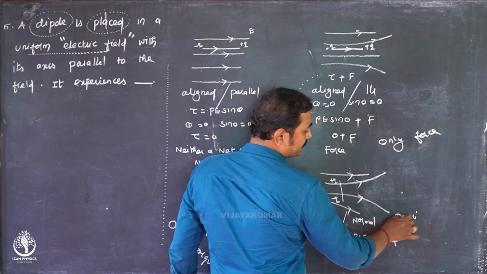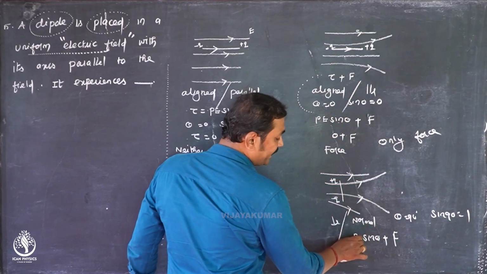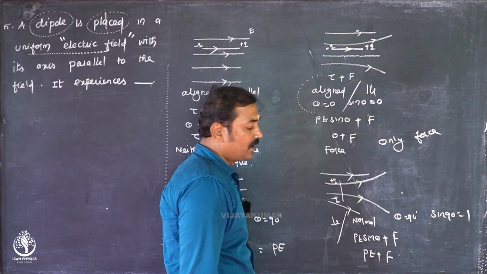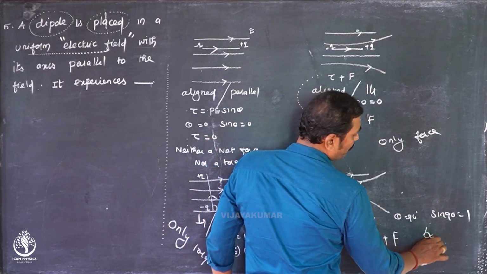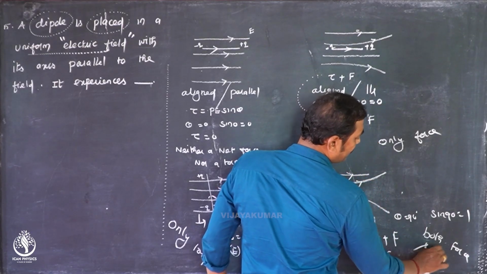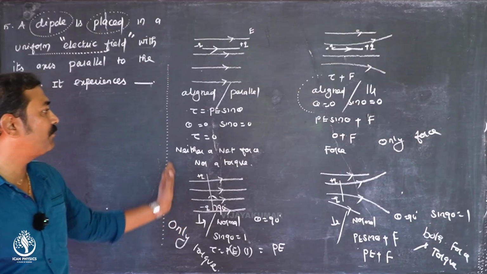Theta is 90, so sin 90 equals 1. So 1 into PE plus force. Here what may be the option? Both force and torque. Okay, so for 4 options we have 4 cases.